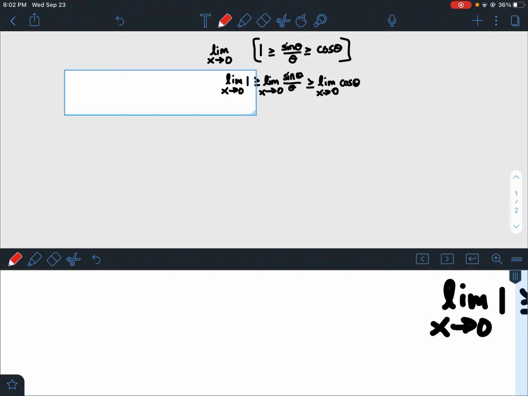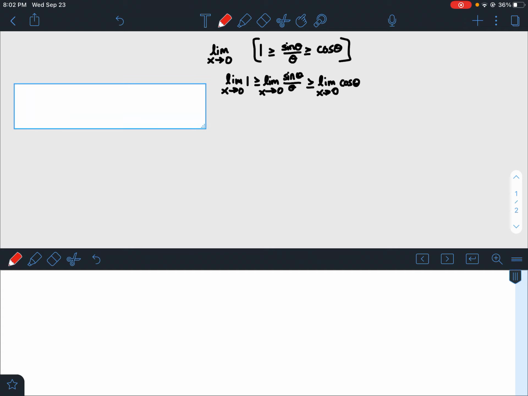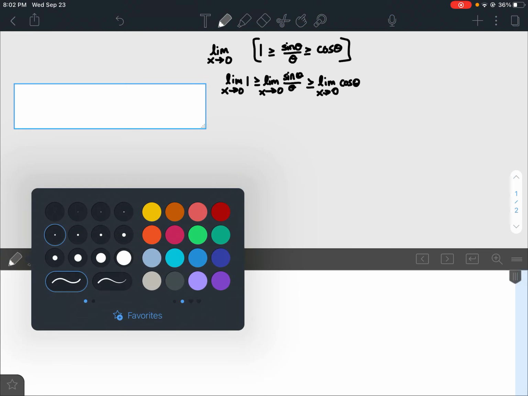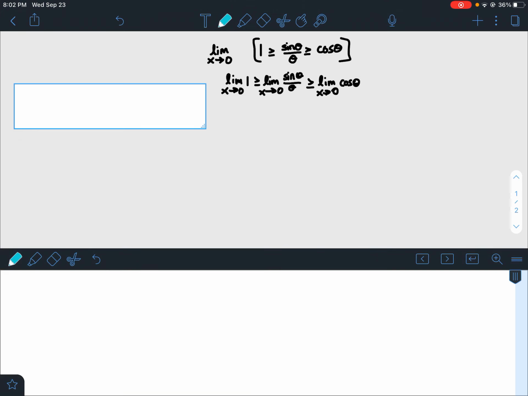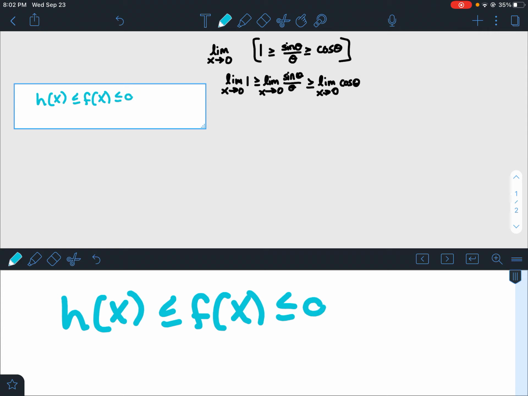Okay, so basically, it's saying, I can do it myself. Basically, it's saying h of x, let's say f of x, and g of x.